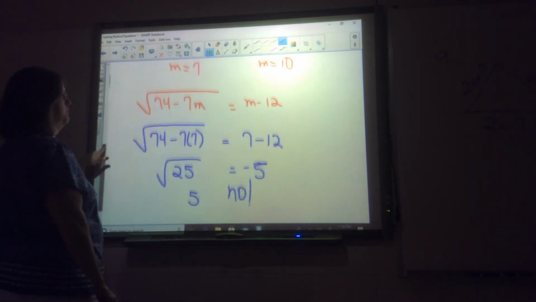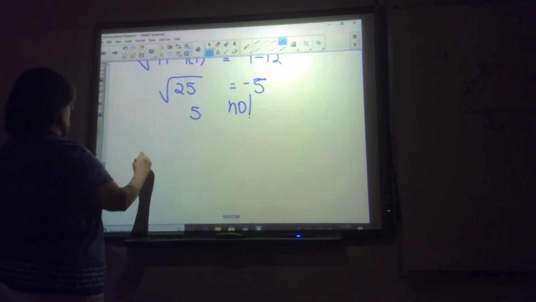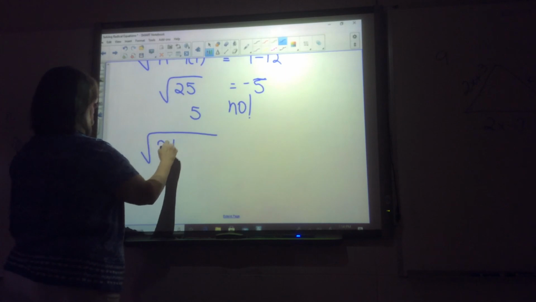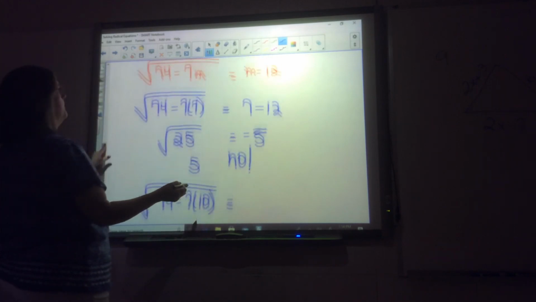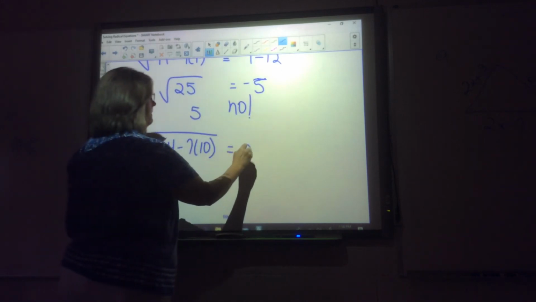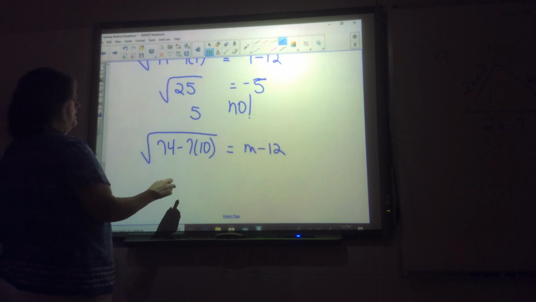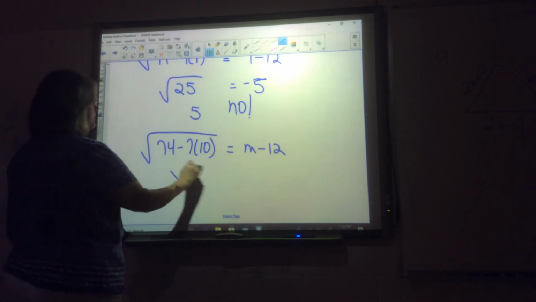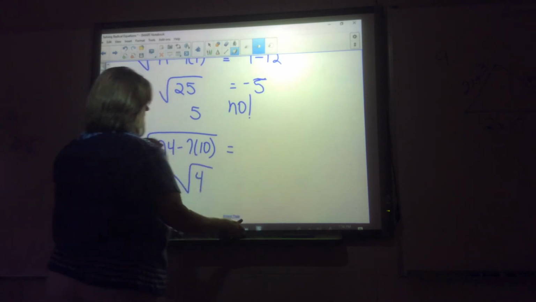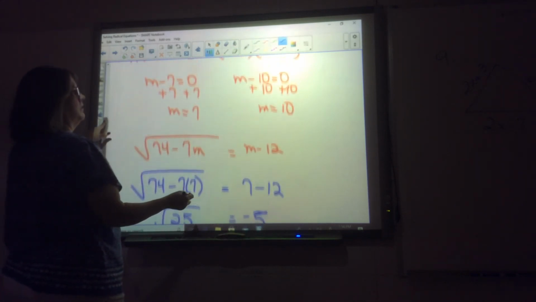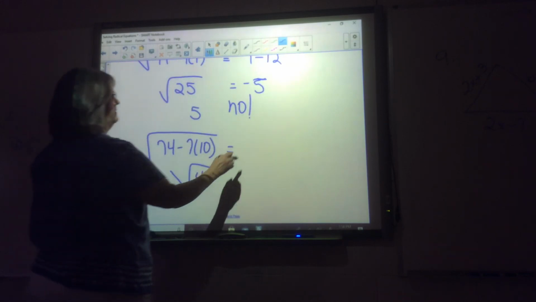Let's check the other one out. 10. This is going to give us the square root of 4, and m minus 12 gives me 10.